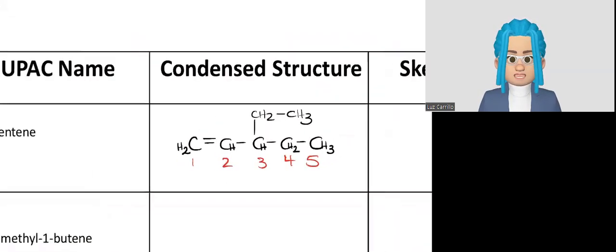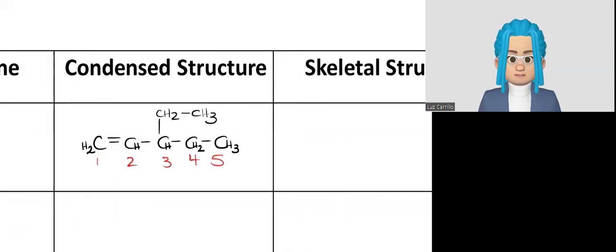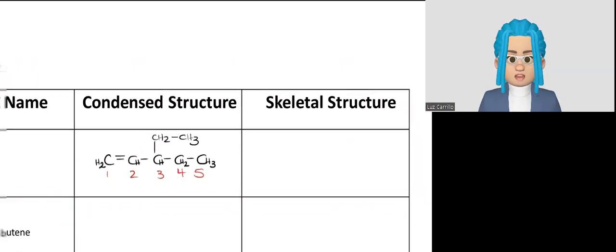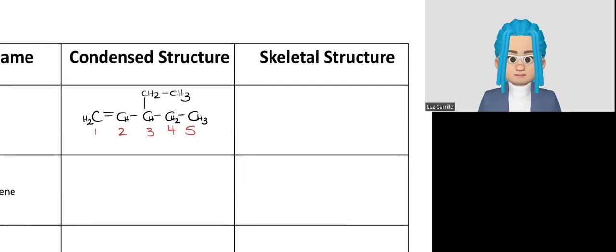Let's now draw the skeletal structure for this molecule. So for 3-ethyl 1-pentene, I need to write carbon number 1, carbon number 2, carbon number 3, carbon number 4, carbon number 5. The carbon-carbon double bond is in between 1 and 2.